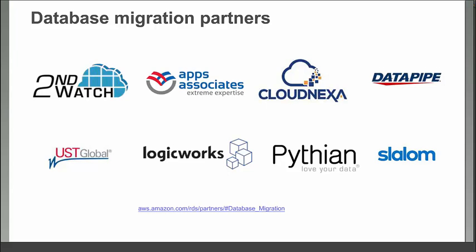So we partnered with Second Watch, with Apps Associates, with Cloud Nexa, DataPipe, UST Global, LogicWorks, Pythian, and Slalom. If you would like to get some help in your database migration project, please navigate to the RDS Partners page and look at the profiles of these partners under the database migration section of that page.